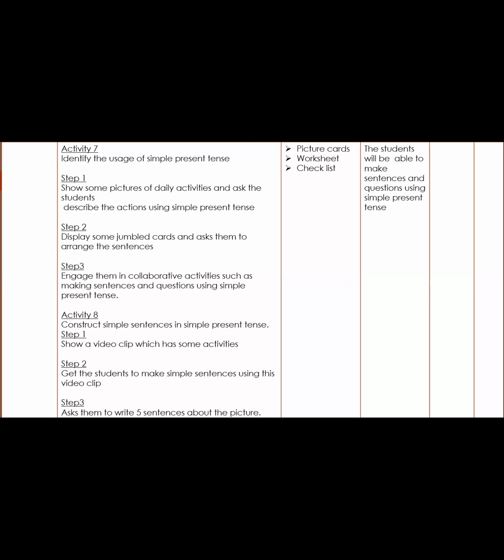Activity 8: construct simple sentences in simple present tense. Show a video clip which has some activities. Get the students to make sentences using the video clip. Step 3, ask them to write 5 sentences about the picture. At the end of the lesson, students will be able to make sentences and questions using simple present tense.